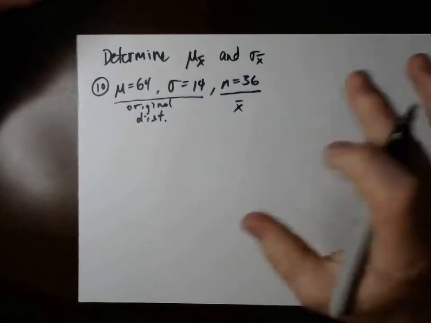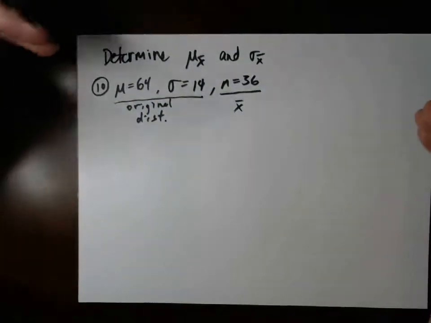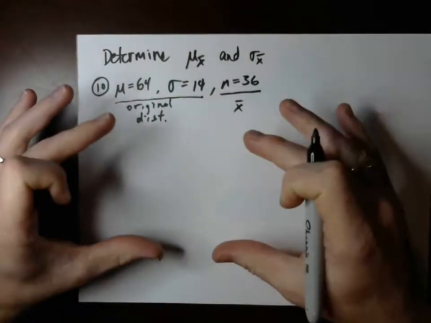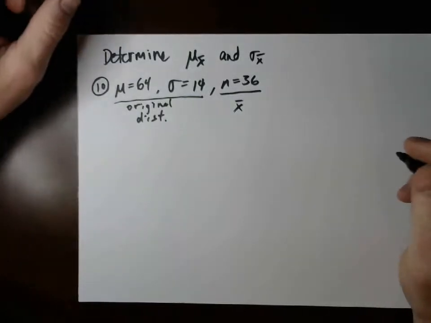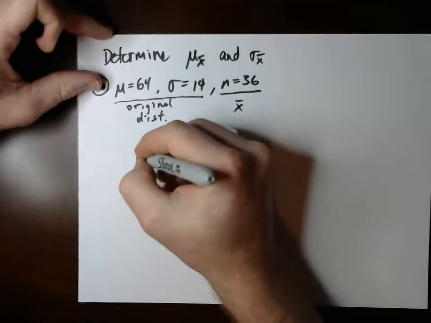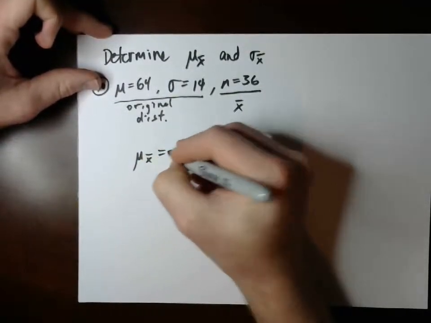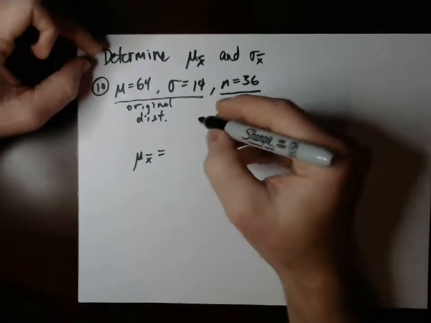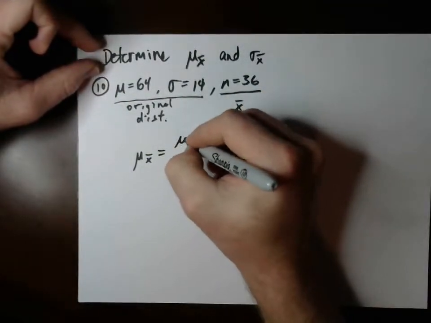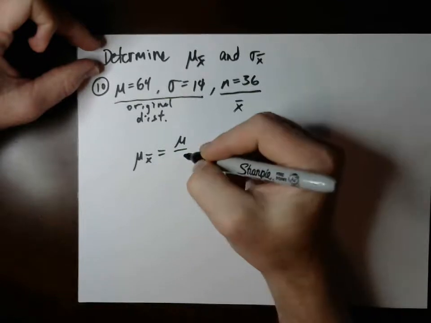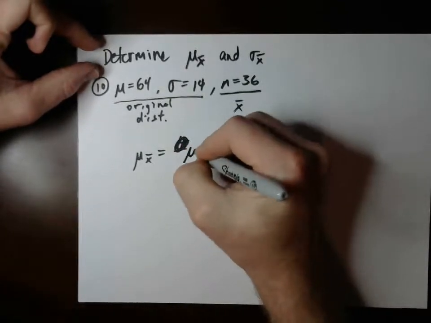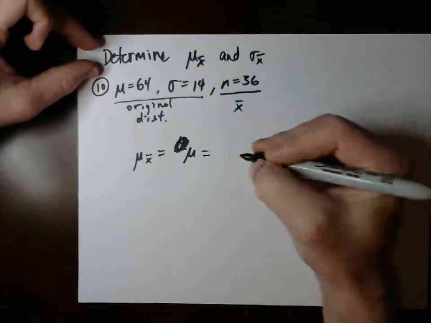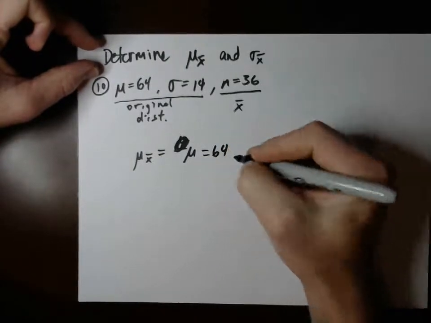And if we imagine taking a sample size of 1,000, we would build a distribution, and we will notice that the mu of x bar of this distribution is equivalent to mu, which is equivalent to 64.